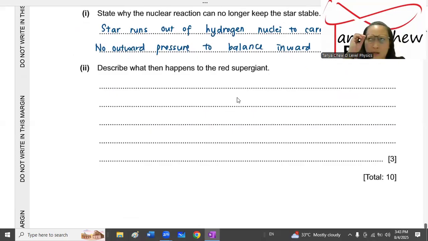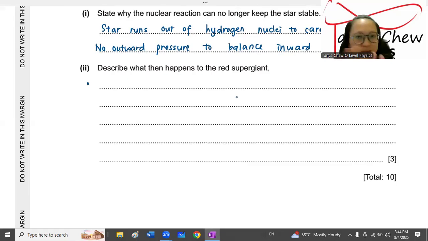There are many possibilities that could happen to this red supergiant, but I'll give you one. So eventually, because due to the force of the gravity that pulling the star, pulling all the particles inwards, right? So a lot of friction occur that gives rise to the heat, right? A large amount of heat is being produced with the right temperature, right pressure, the process of fusion will be carried out again.